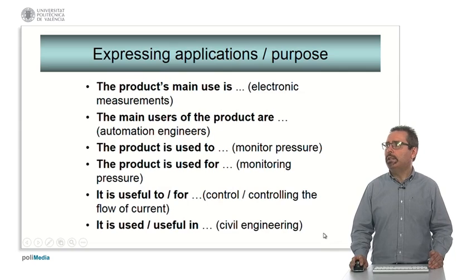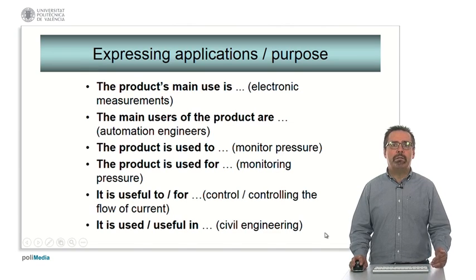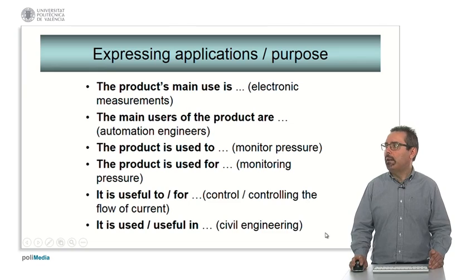Now we're going to move on to see some expressions for application and purpose in English. We can use a general one. The product's main use or purpose is, for example, electronic measurements. And we can also use: the main users of the products are automation engineers, if we want to express the people that use this application.